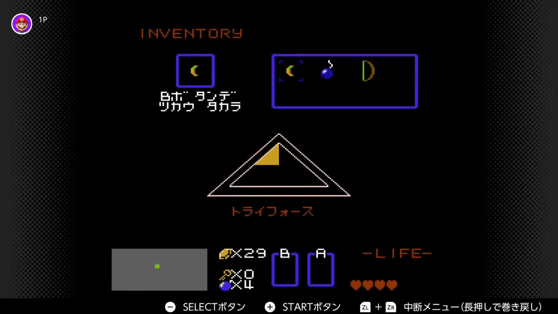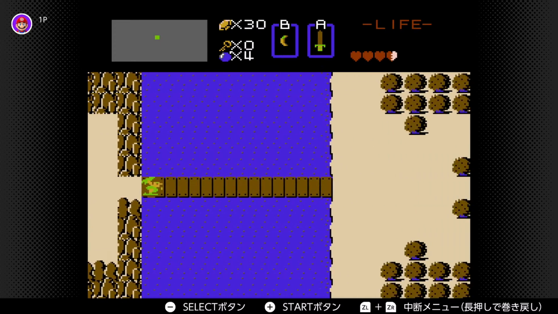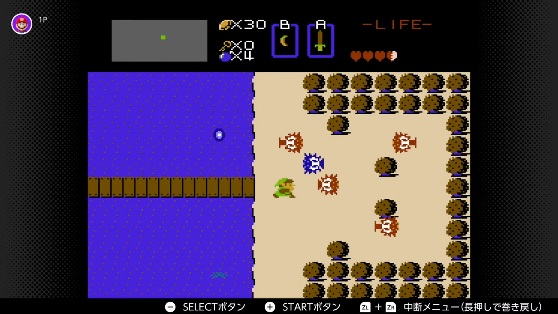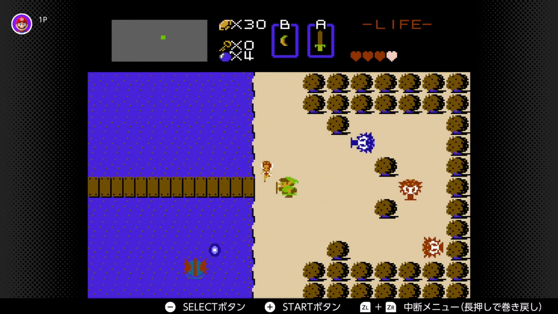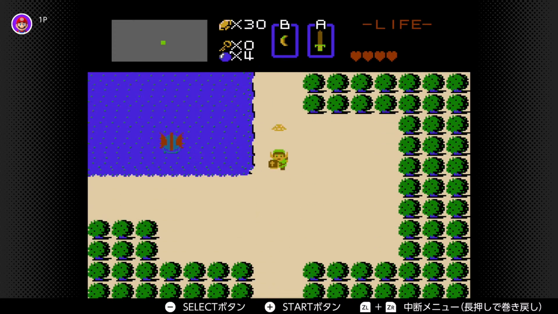Oops. Okay, of course, immediately I get hit by an Octorok. Okay, we have a good amount of money. Not sure if it's enough to... Ooh, very nice. Not sure if it's enough to buy something. But I'd say we can, for now, go toward the second dungeon.